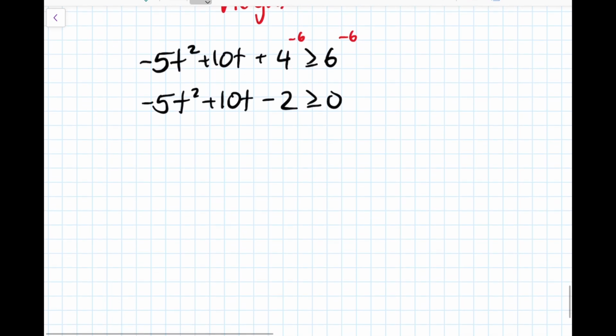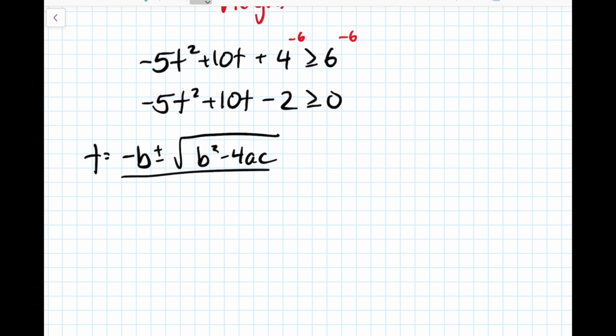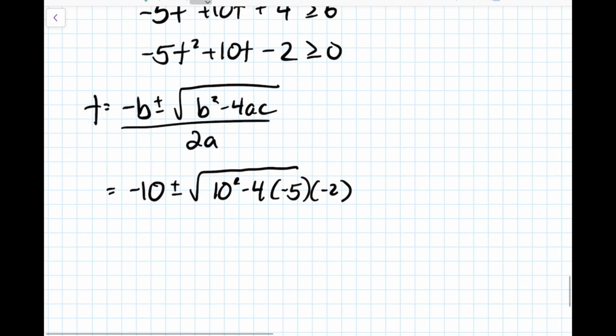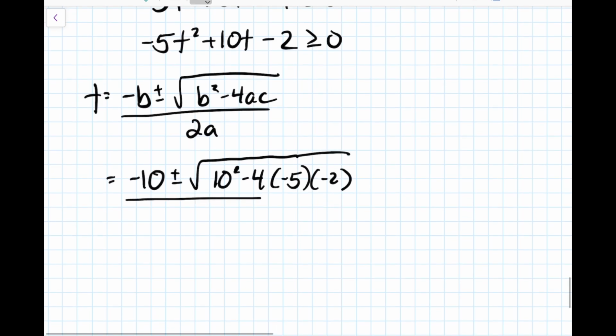So now we want to use the quadratic formula, which is going to be t equals negative b plus or minus the square root of b squared minus 4ac all over 2a. When we start plugging stuff in, that's going to be negative 10 plus or minus the square root of 10 squared minus 4 times negative 5 times negative 2, all over 2 times negative 5.